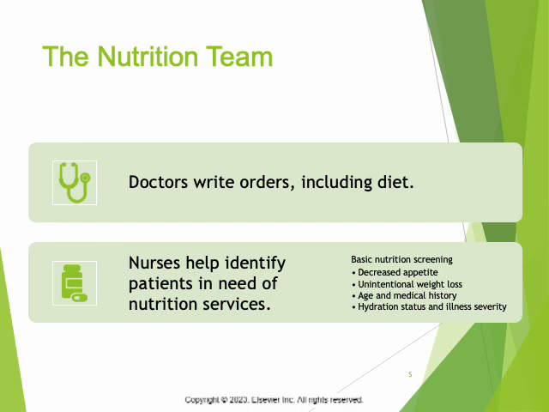What makes up nutrition screening? In a basic nutrition screen, we have to ask questions about changes in appetite and changes in weight, especially unintentional changes. We're talking about age, past medical history, family medical history, and psychosocial history. We're talking about hydration status and illness severity.